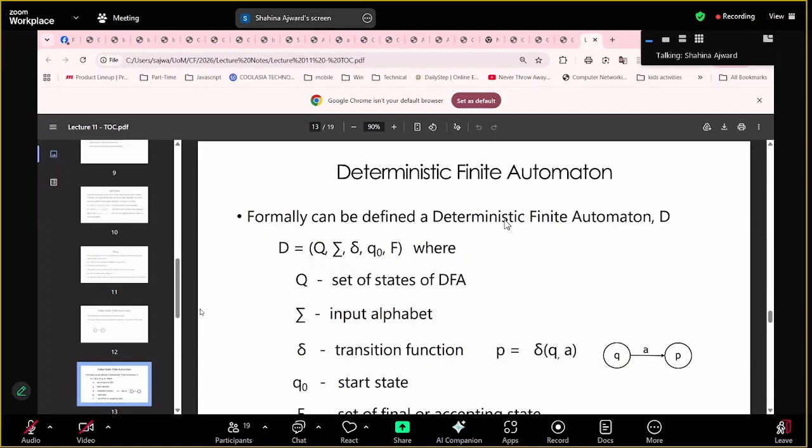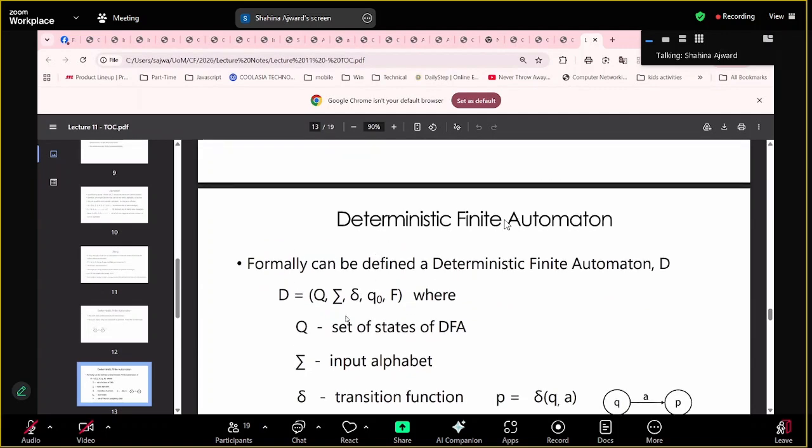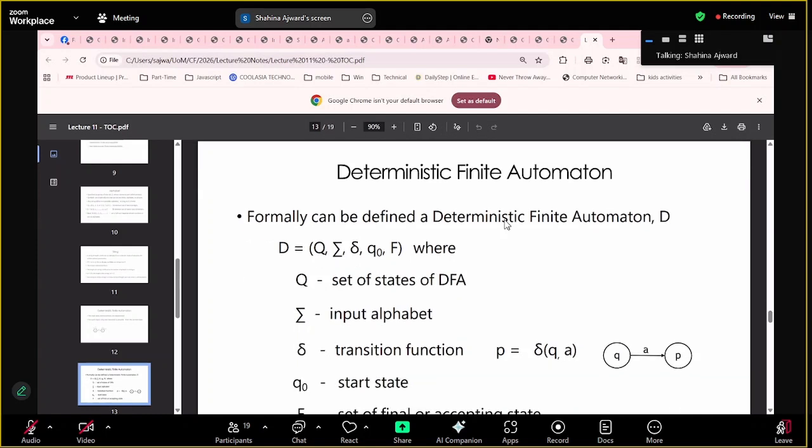So that is one way that we can represent state machines, sorry, finite automata. Another way is using this set of sets, right?